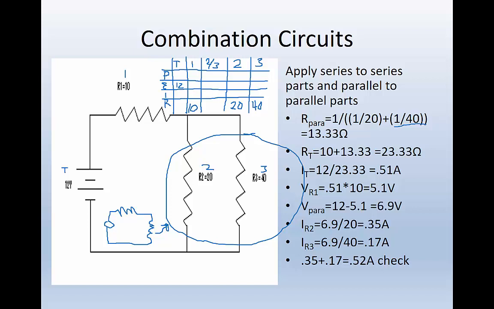So let's figure out how we treat this circuit. This portion right here, our source, our 1, and then this 2, 3 that we're making these into, all of that is in series, okay?